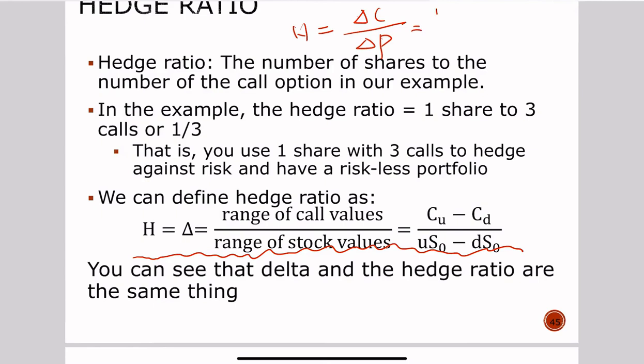This equals 1/3. What does this mean? It means that if the stock price increases by 1, then the option price will increase by 1/3.